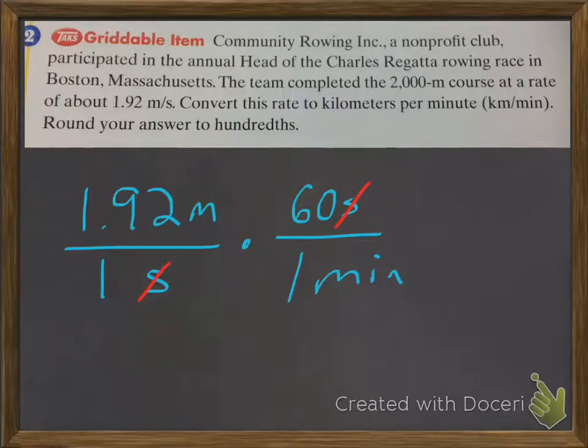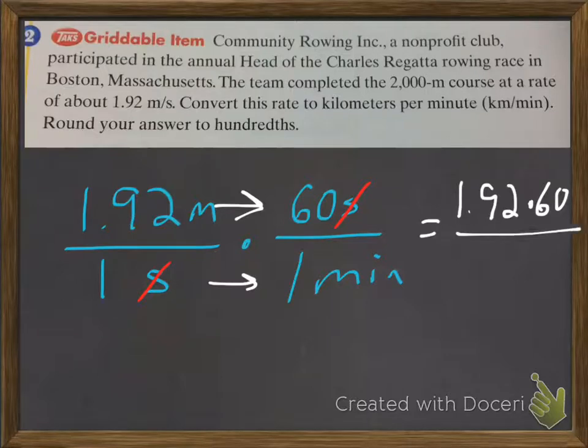And we end up getting, if we multiply straight across, like this, 1.92 times 60 over 1 minute. And 1.92 times 60 meters over 1 minute.